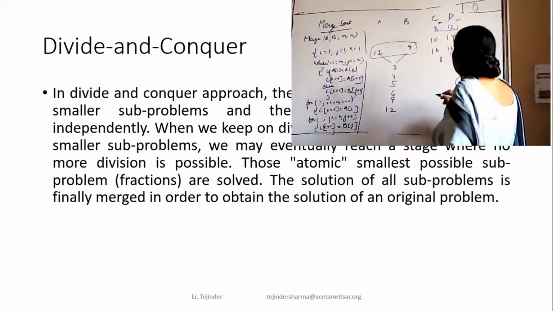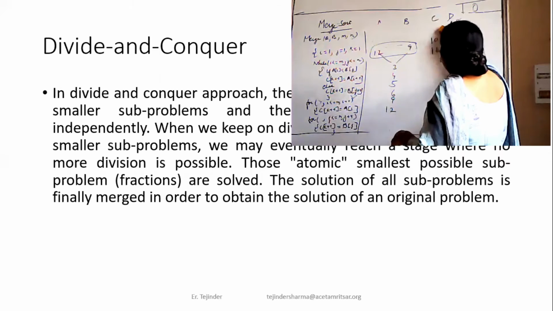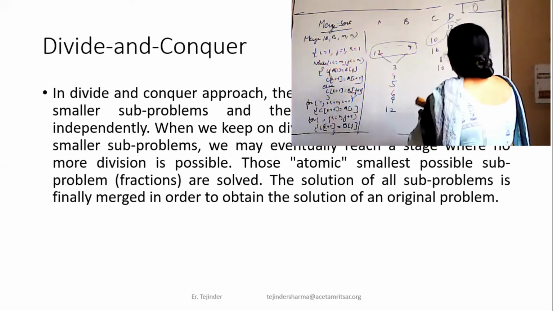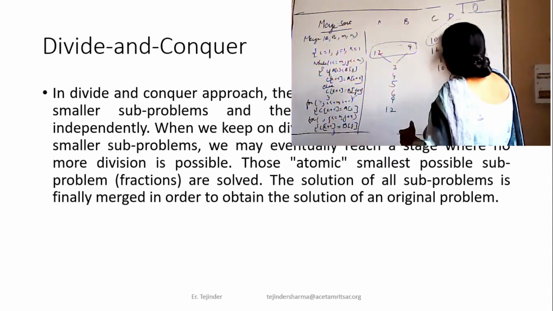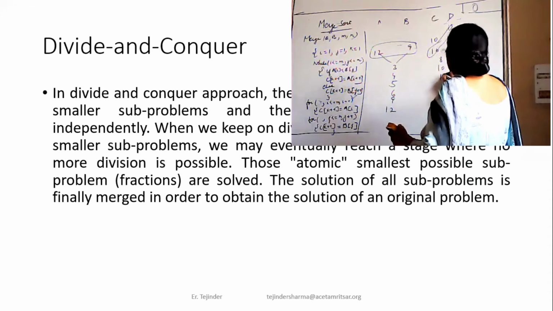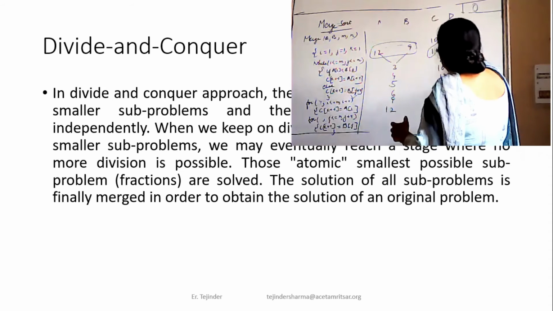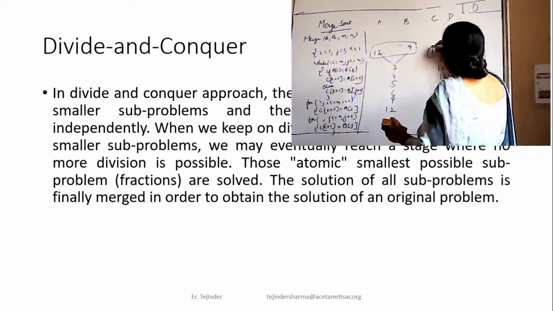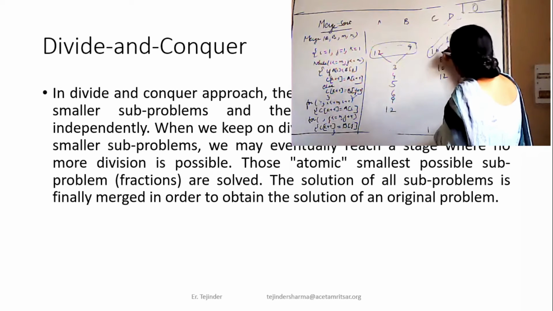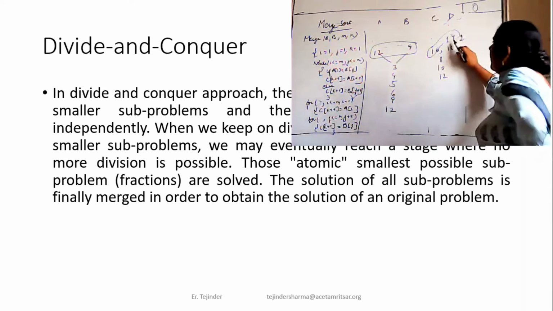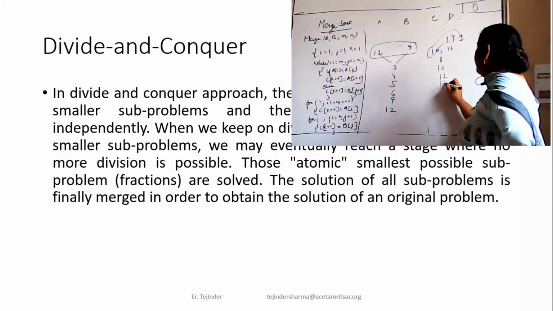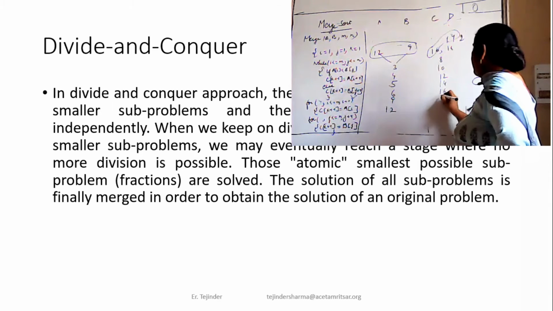A of I with B of J, 8 will come. Then I plus plus, compare 10 with 12, you will get 10. Then again I plus plus, compare 12 with 16, you will get 12. Then compare 14 with 16, B of J with A of I. Here the J value is 2 and the I value is 3. Compare B of J with A of I, you will get 14, then you will get 16, then you will get 18.